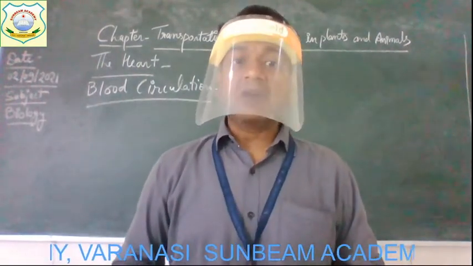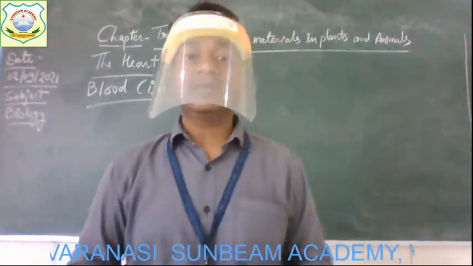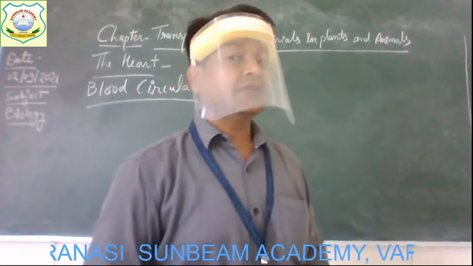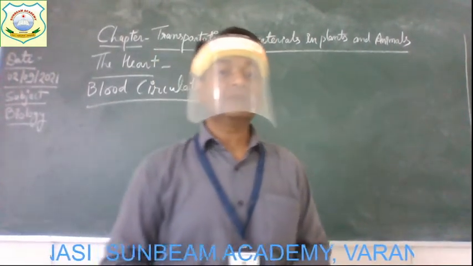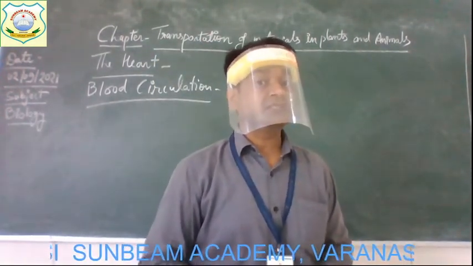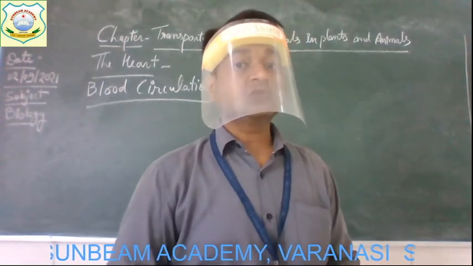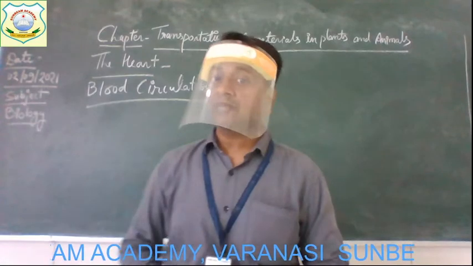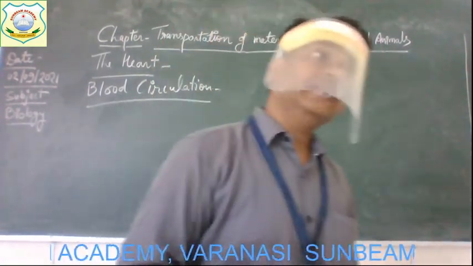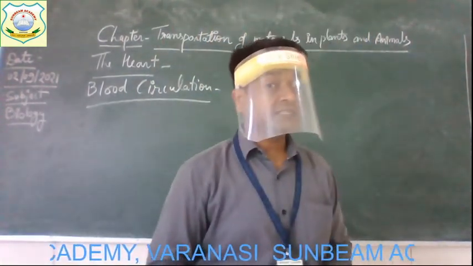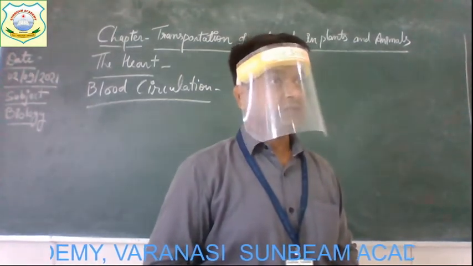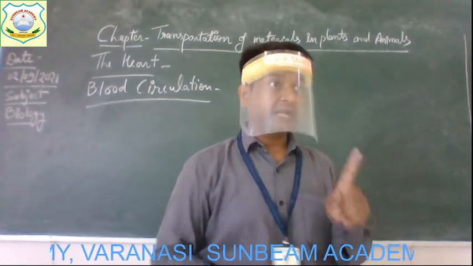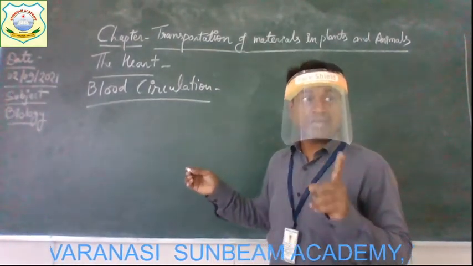So the right auricle receives the deoxygenated blood from various parts of the body through the veins and relaxes to receive it. It then contracts to send the blood into the right ventricle, which relaxes to receive it. Remember the diagram of the heart which I have drawn.